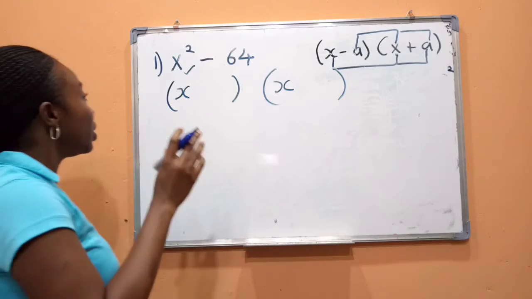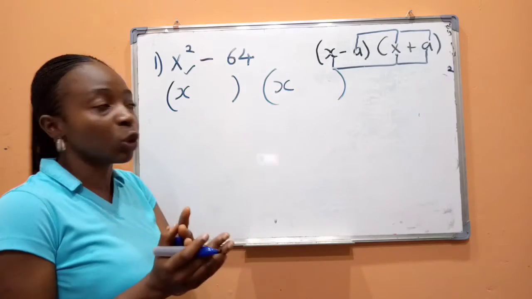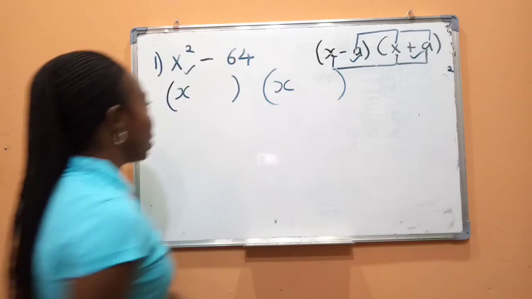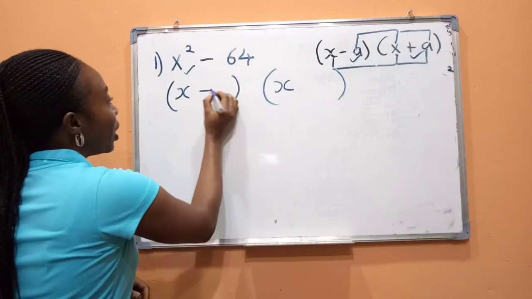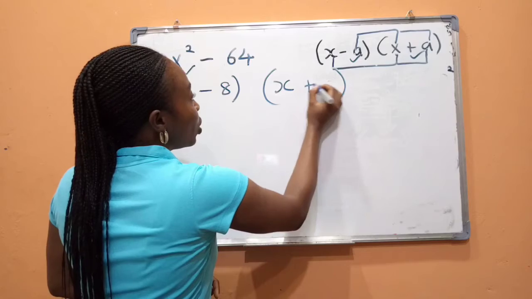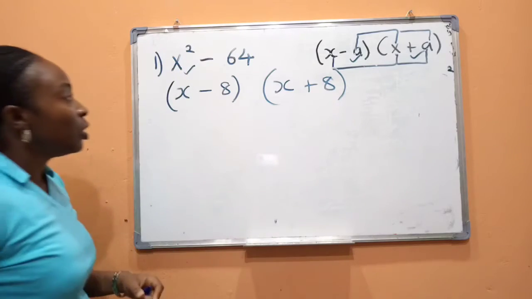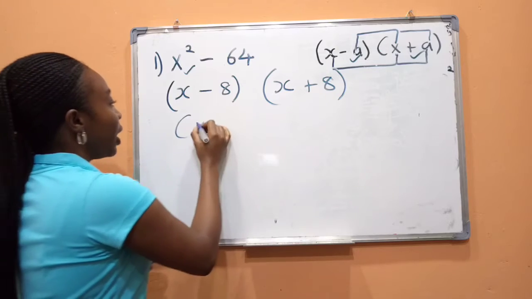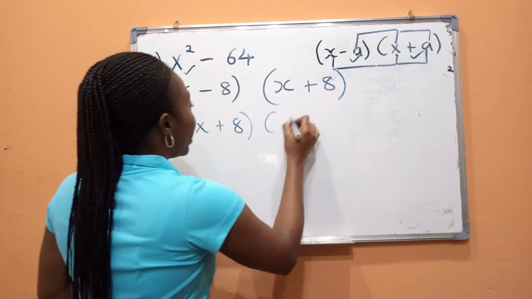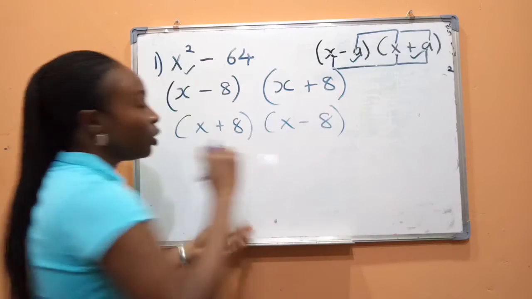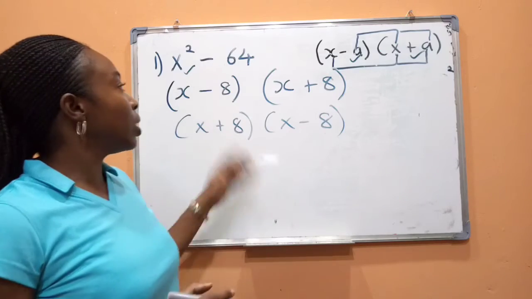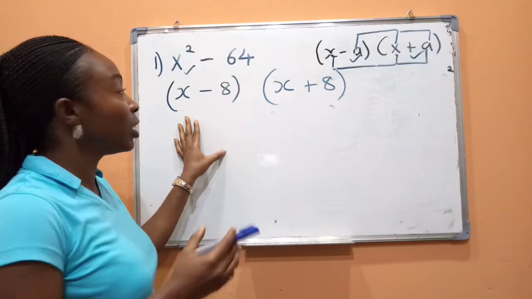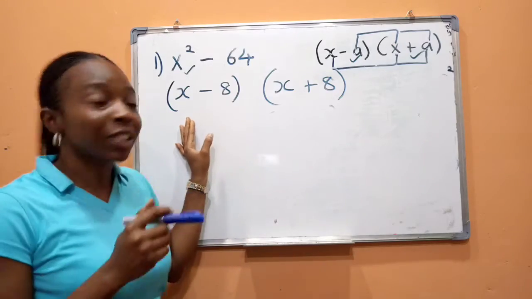Since we are talking about the difference of squares, we insert the plus and minus signs, so we have x minus 8 and x plus 8. You can start with x plus 8 or x minus 8, you can use them interchangeably, it doesn't matter. So this is the second way we can go about solving it. It's absolutely easy, guys. Just pay attention.